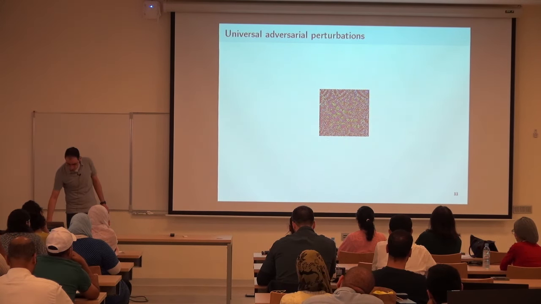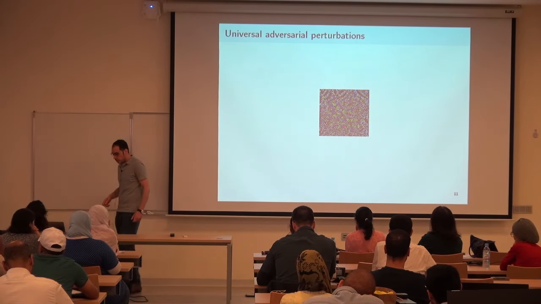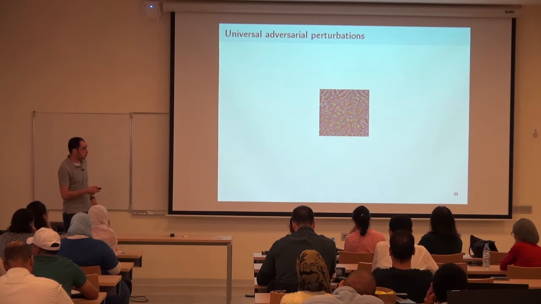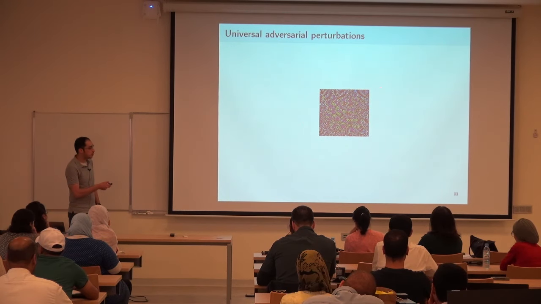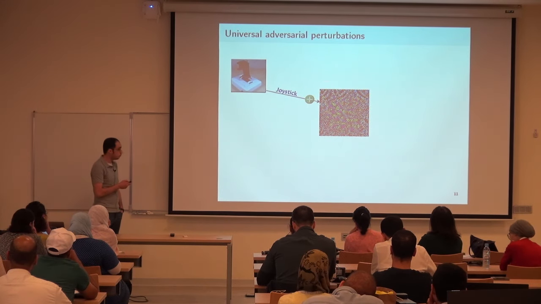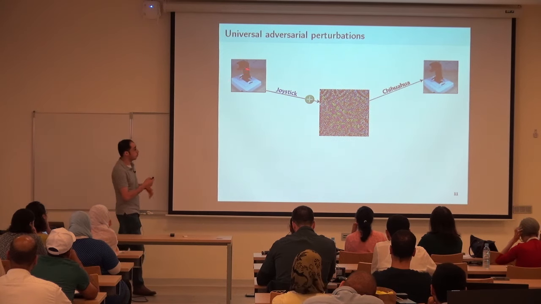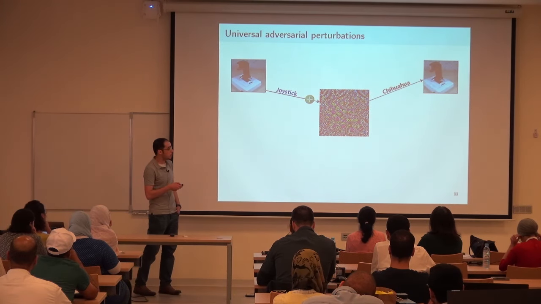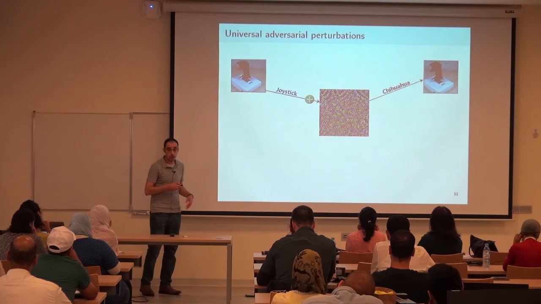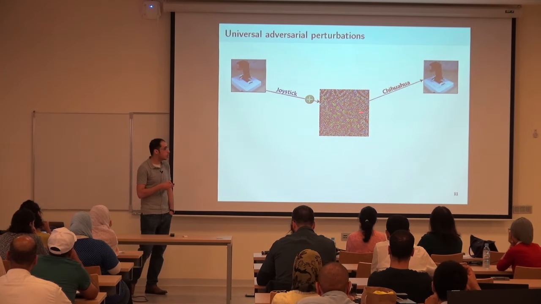What was shown is that there actually exist universal perturbations. This basically means that there exists a unique image, this pattern here, such that you add it to an image of a joystick, for example, and you get an image that is very close to the original image of the joystick. Visually very, very close, yet it is misclassified by the deep neural network as a chihuahua.